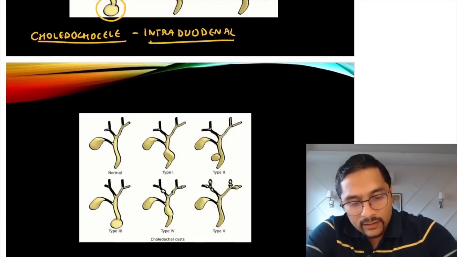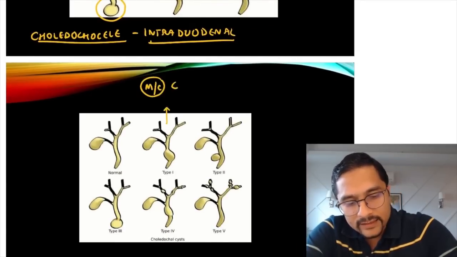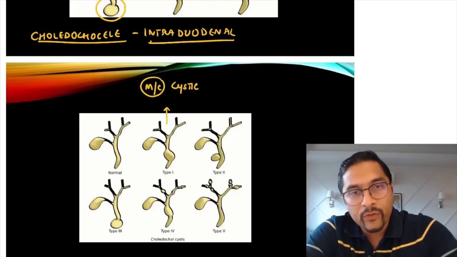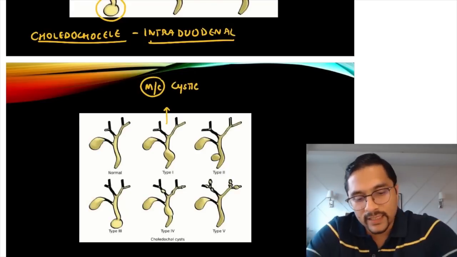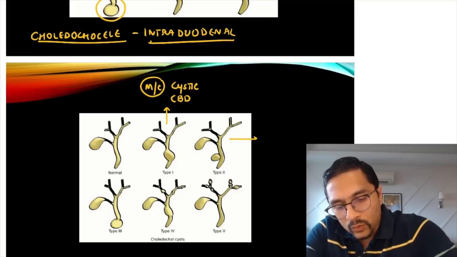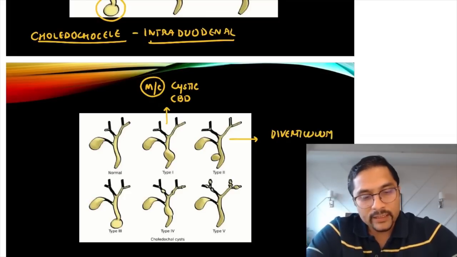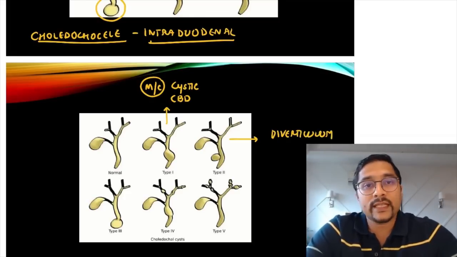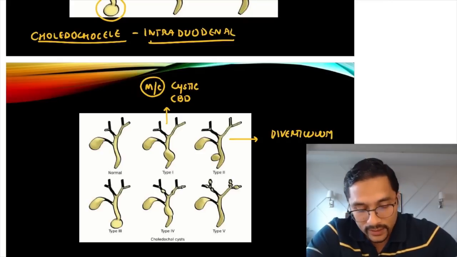Type 1 is the most common. This has also been asked, and this is cystic dilatation of the CBD. Type 2 is a diverticulum of the CBD. Type 3, I have already told you, is the intraduodenal portion or choledococele.